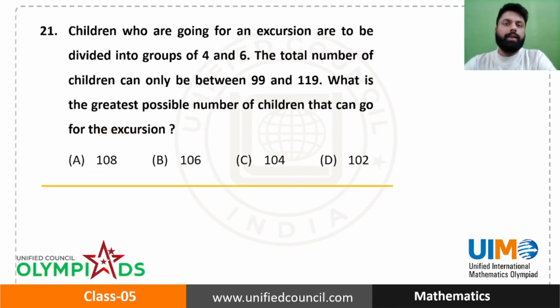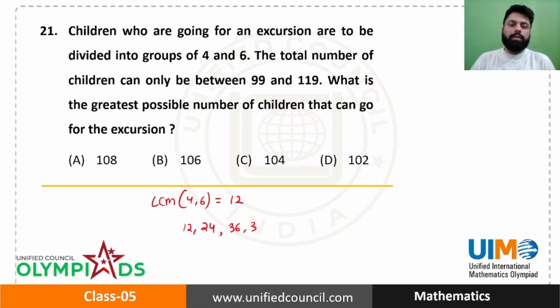Children who are going for an excursion are to be divided into groups of 4 and 6. The total number of children can only be between 99 and 119. What is the greatest possible number of children that can go for the excursion? So LCM of 4 and 6 is equal to 12. Now 12 can go, 24, 36, 48, 60, 72, 84, 96, 108, 120.